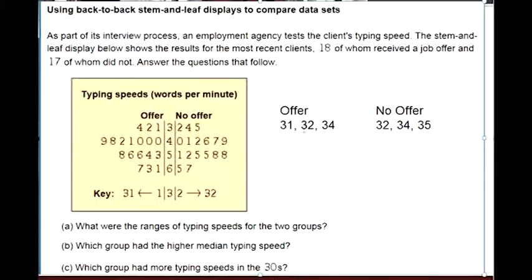Okay. Do you see how this line indicates these numbers? Do you have questions about how the stem and leaf translates?